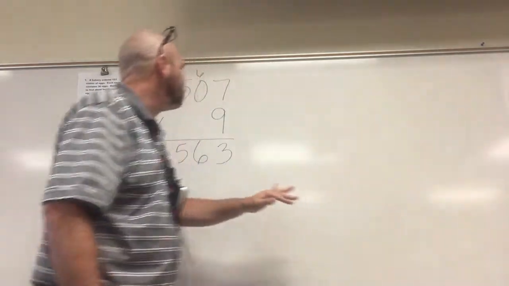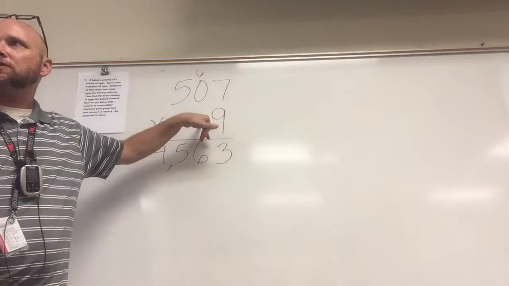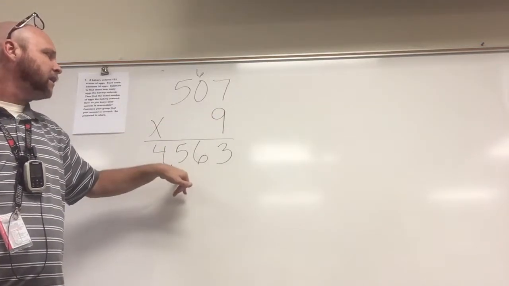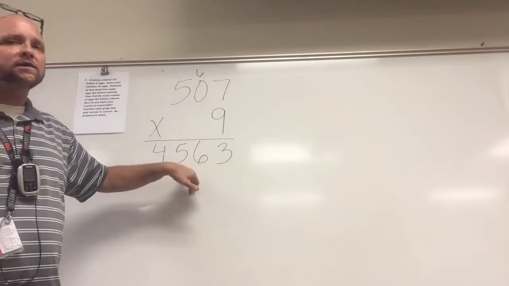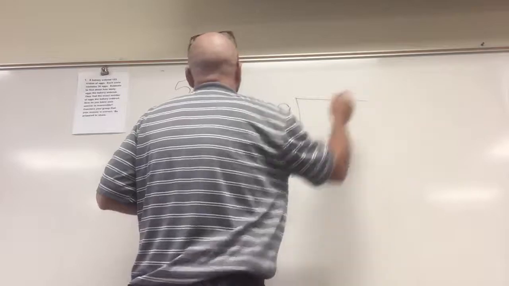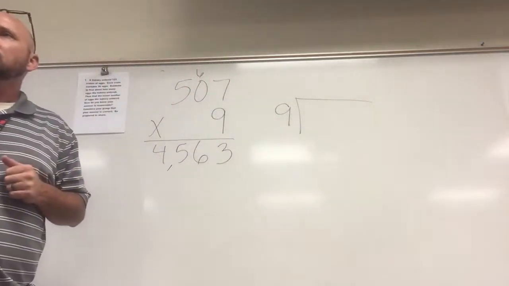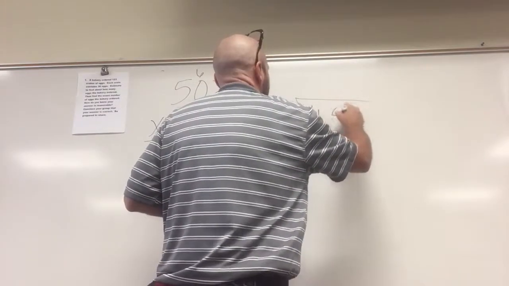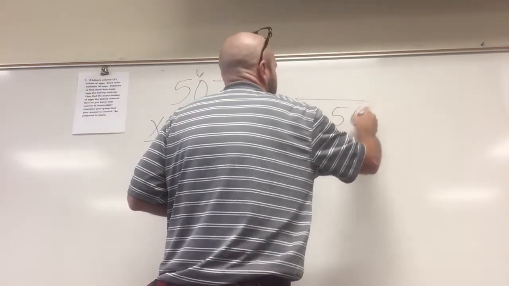All right, so what we do is we're going to take the smallest factor and divide it into the product. So my smallest factor is 9. I'm going to divide it into 4,563.